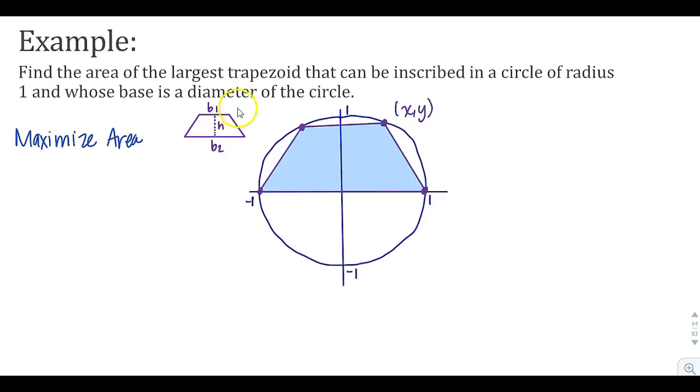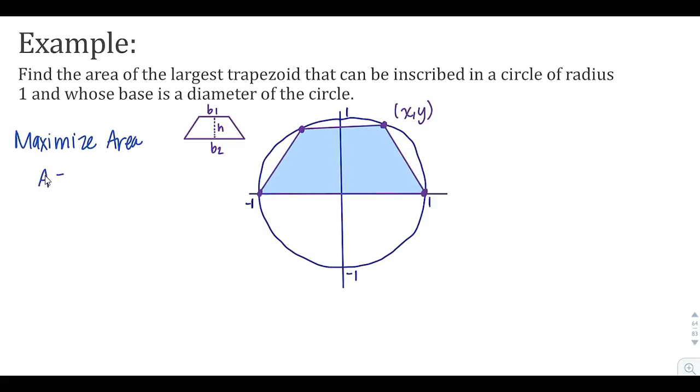Remember that we are trying to maximize the area. The formula for the area of a trapezoid is A equals 1/2 height times base 1 plus base 2. What we want to do is make a connection to this point (x, y) that's on the circle and also one of the vertices of the trapezoid.